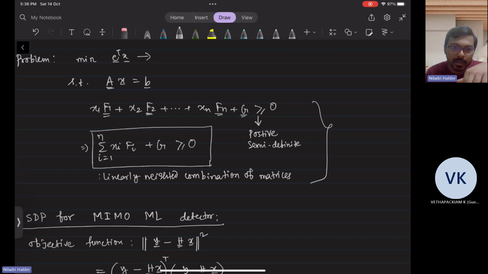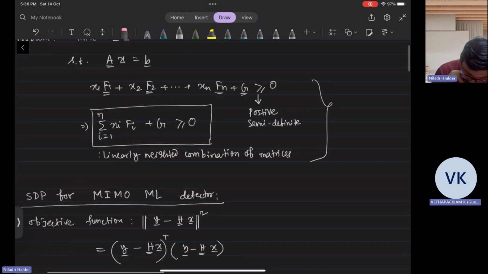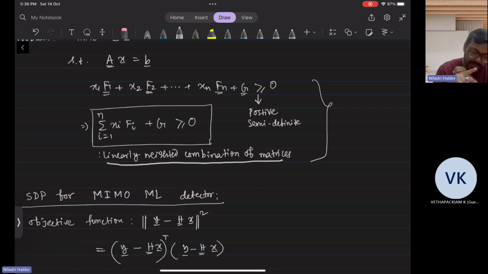Here you see a linear weighted combination of matrices Fi, the summation of xi Fi is greater than or equal to 0. That means this matrix will be positive semi-definite, so in this case the optimization problem will be the positive semi-definite optimization problem.